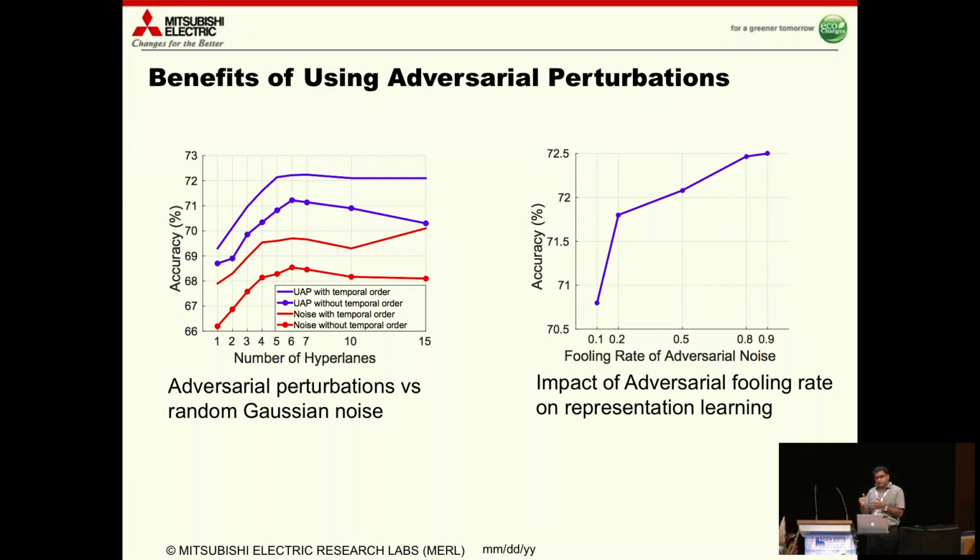Increasing the fooling rate actually increases the performance on video recognition, which means that maybe increasing the fooling rate is pushing this optimization problem to find those dimensions which are very sensitive to perturbations, and using those subspaces is perhaps going to be very useful for the representation learning problem.